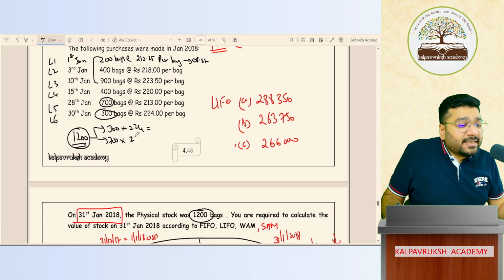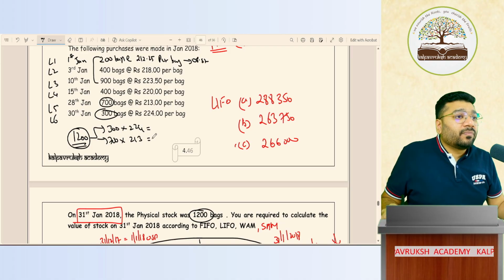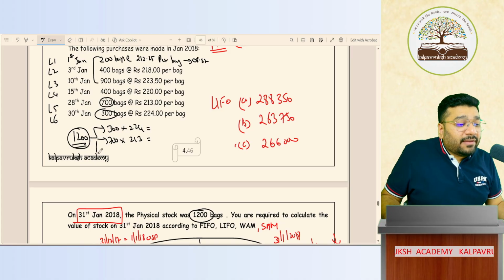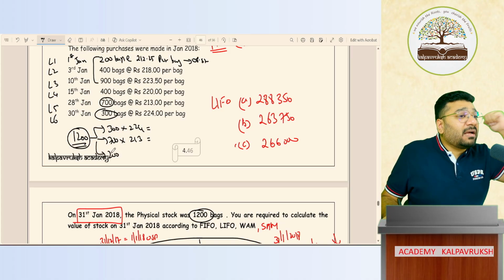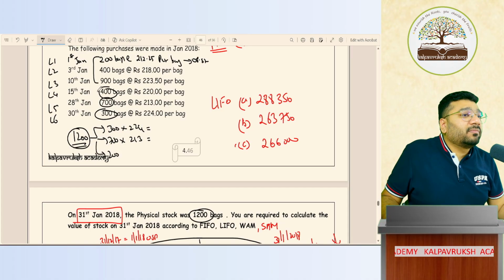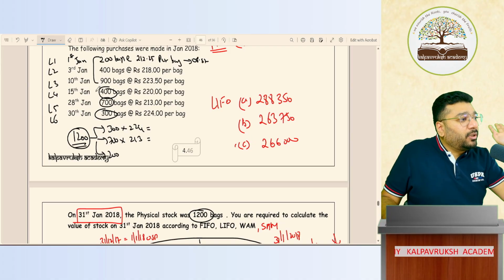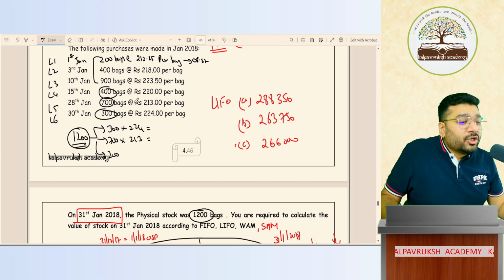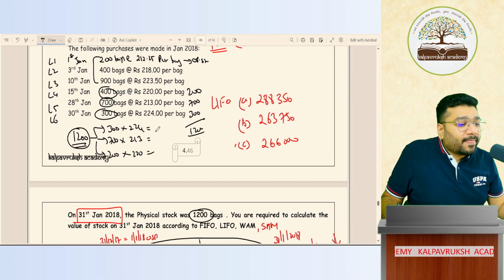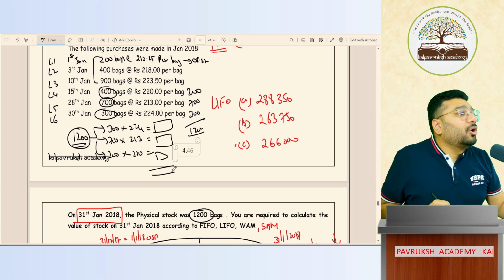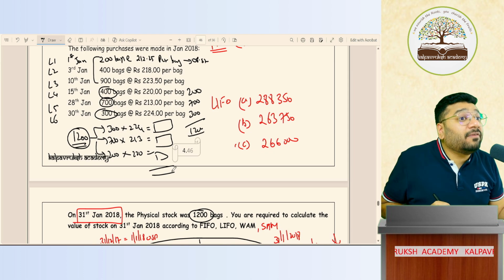What is the cost per kg? 213. Still you have 200 kg left. That comes from the previous lot. 400 came, of which 200 is sold. Unsold is 200. So unsold here 200, unsold here 700, unsold here 300. Total 1,200. Whatever individual value you get, the total of that is your total cost of inventory under FIFO.